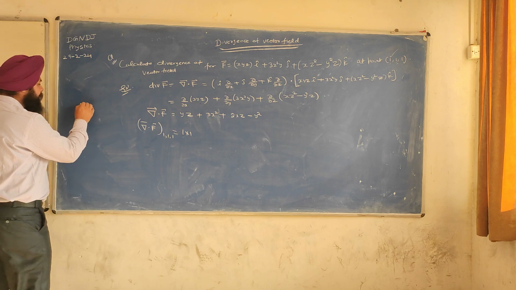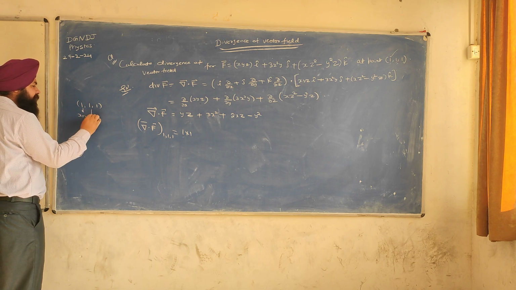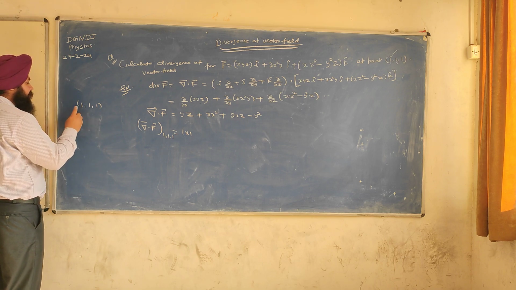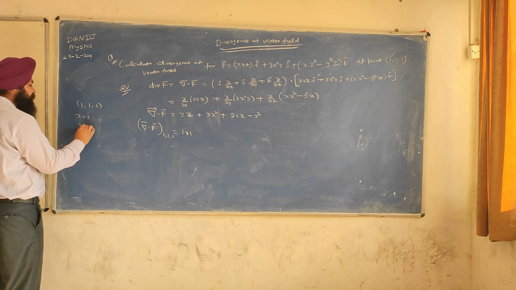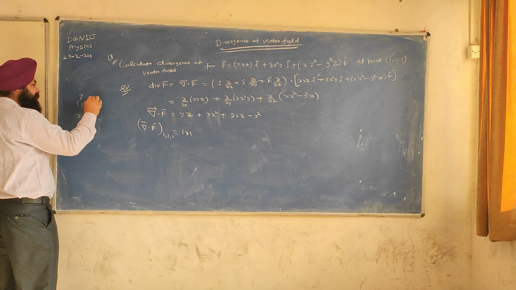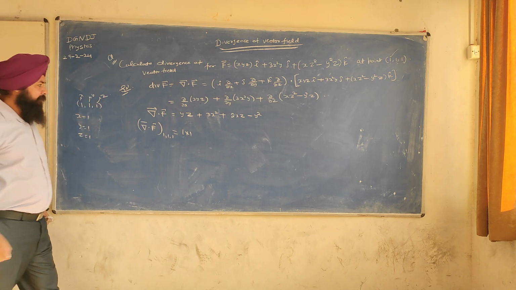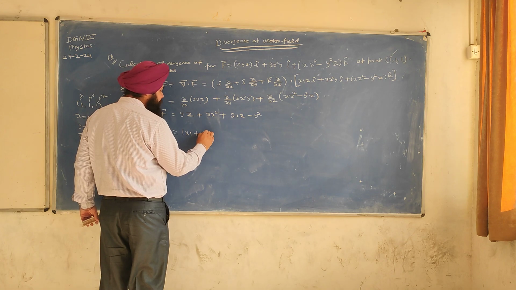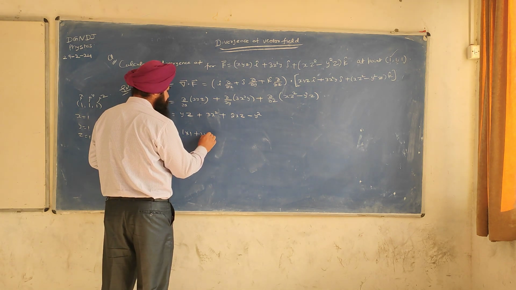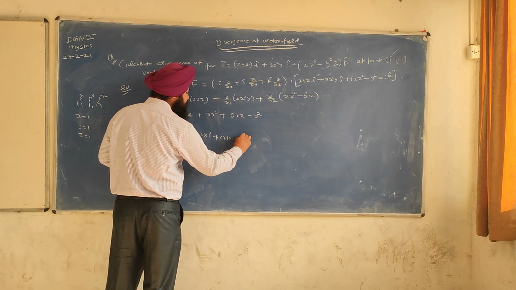I need to say 1, 1, 1 means x is equal to 1, y is equal to 1, z is equal to 1. This value refers to x, this value refers to y, this value refers to z. So 1 into 1 plus 3 into 1 square plus 2 into 1 minus 1 square.